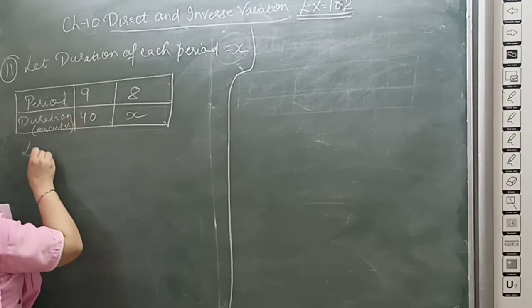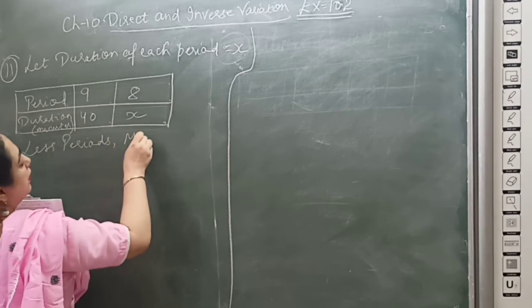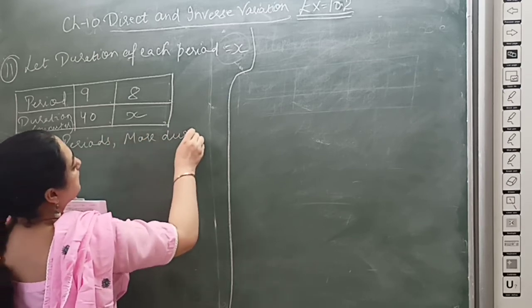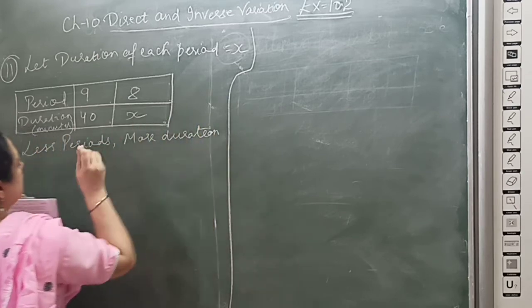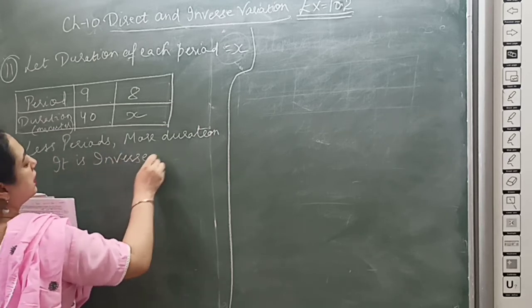So the less period, it means more duration. So it is inverse proportion.